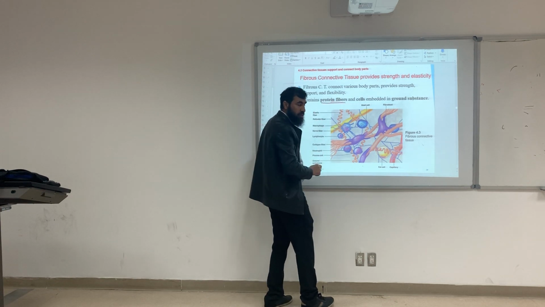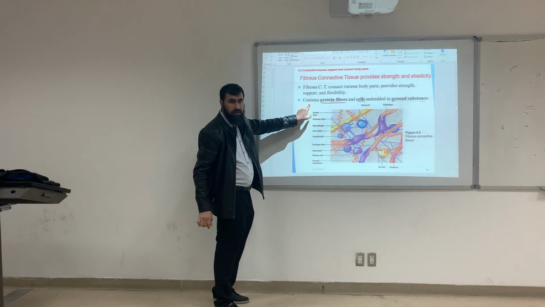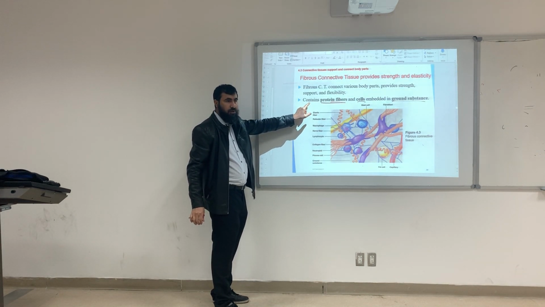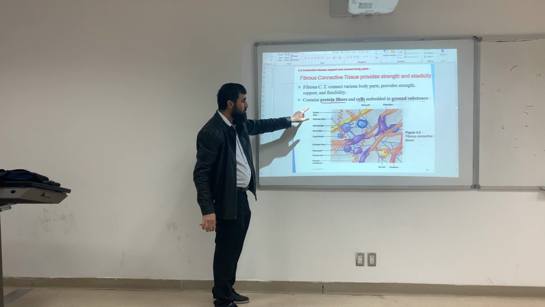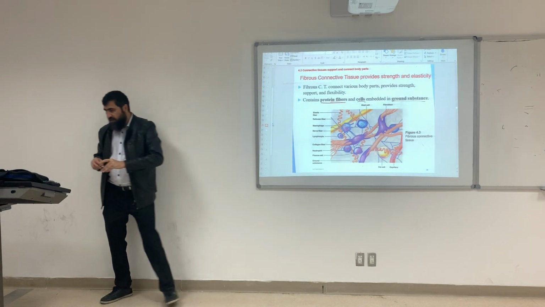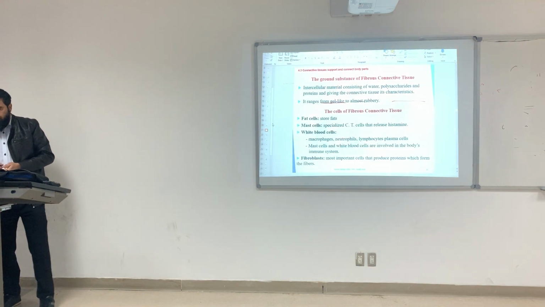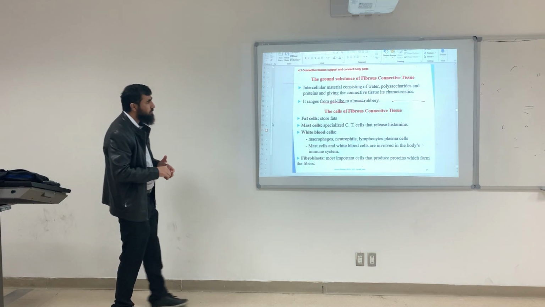It has fibers, cells, and ground substance. It's very important to know the different components. I'll go through the different components in the other slides, okay? So you find the cellular parts of it.